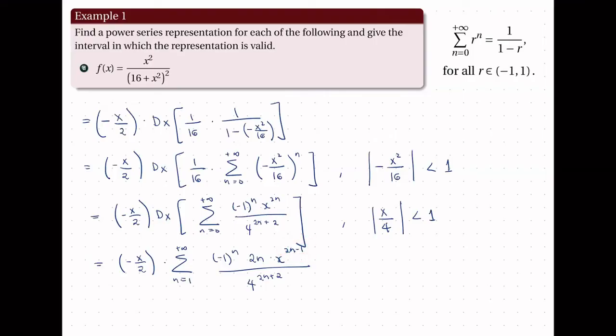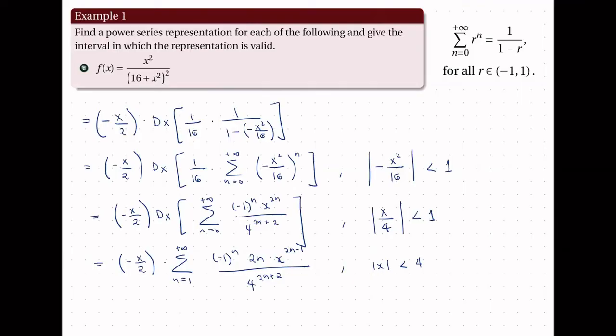So, piliin nyo yung least value ni n such that this is non-negative or this is 0. Kasi if n is 0, we will have here 0 minus 1. So, we will have x raised to negative 1. Pero hindi yun possible. Okay? So, dito, kailangan yung index natin mag-start sa 1. Okay. And then, the condition for x is that the absolute value of x must be less than 4.